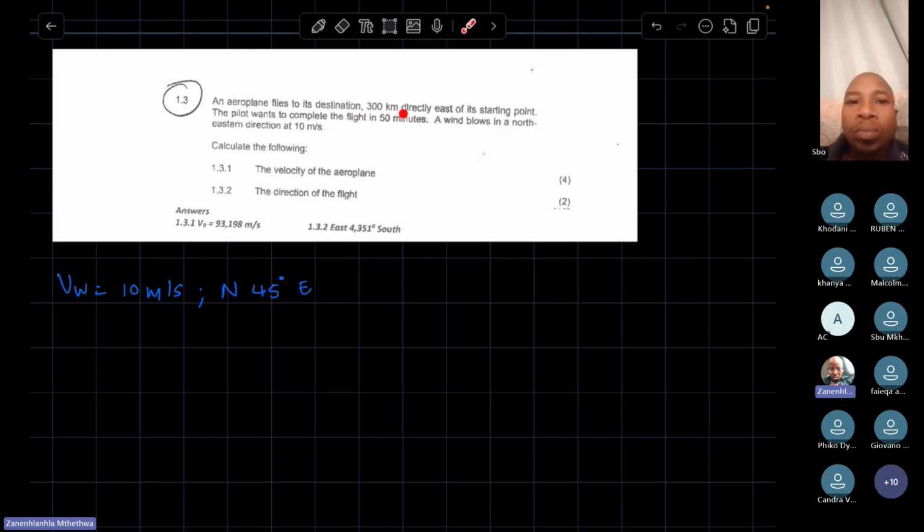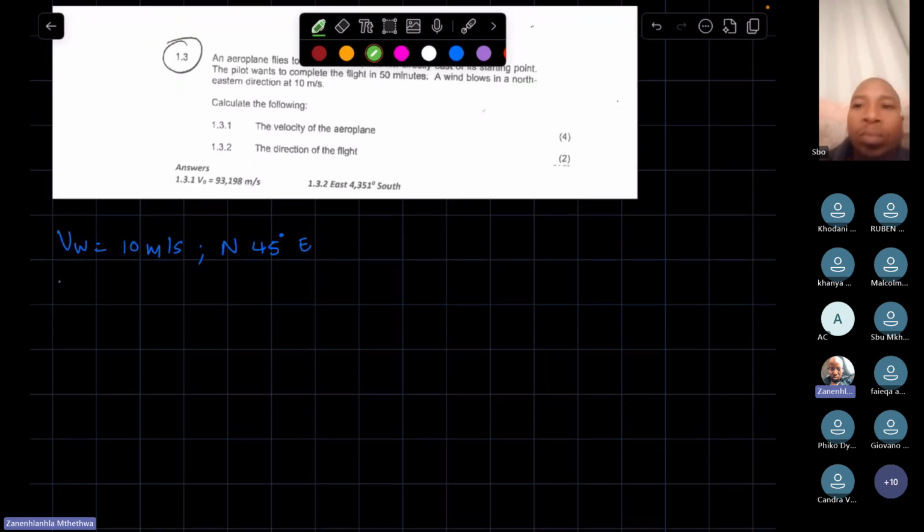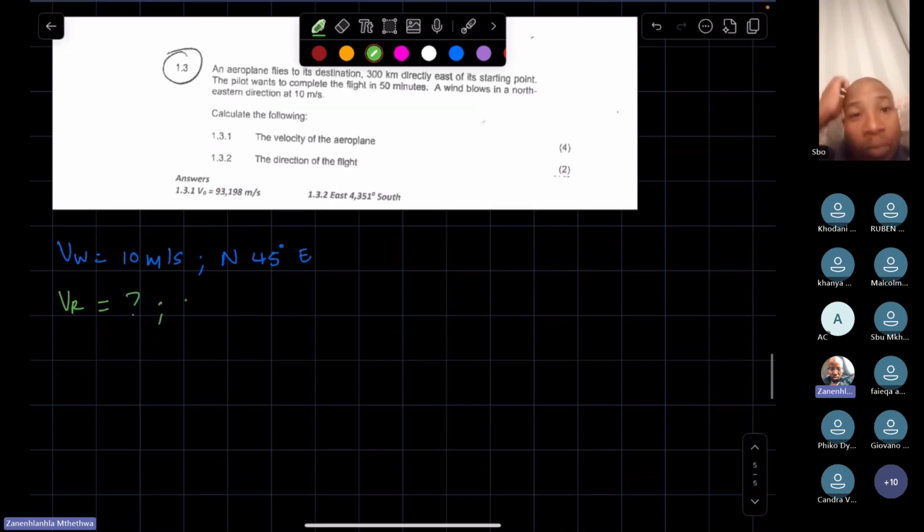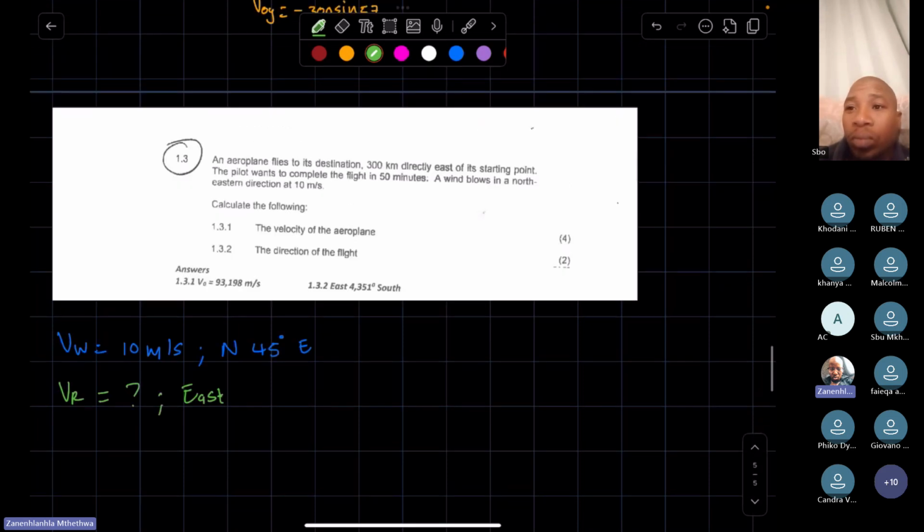So this being the direction of the destination means that this is the direction of VR. So from the statement, we have the direction of VR. We do not have the magnitude of VR, but we have its direction, and its direction is directly east. Are we clear?